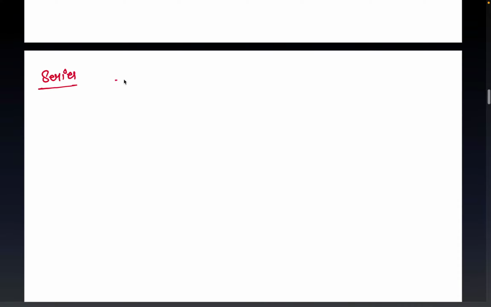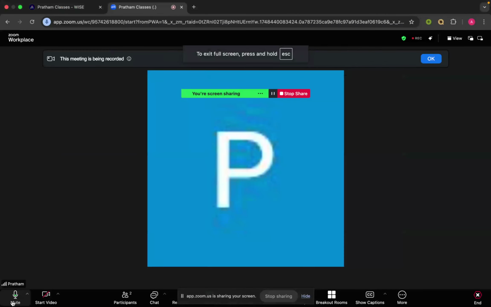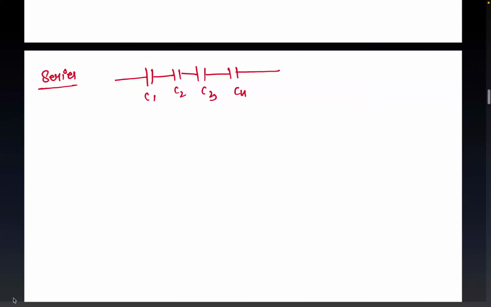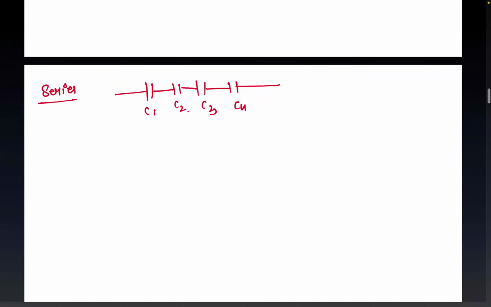The first condition is series. If I have some capacitors in series, C1, C2, C3, C4. Although I know the direct relation, I just wanted to do a short derivation.